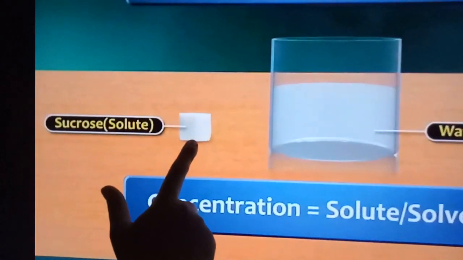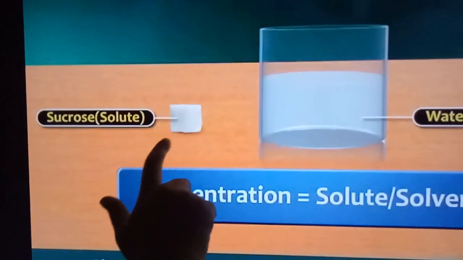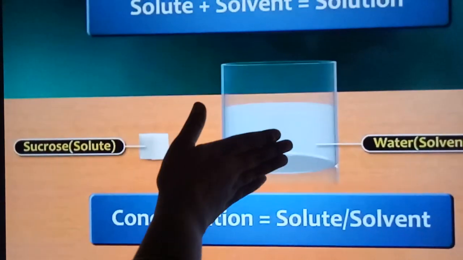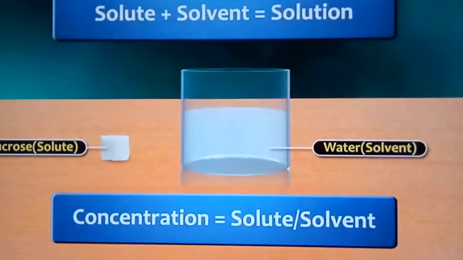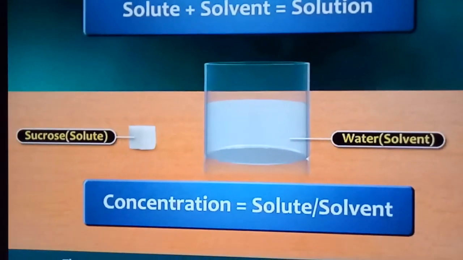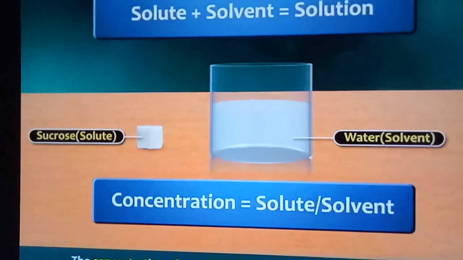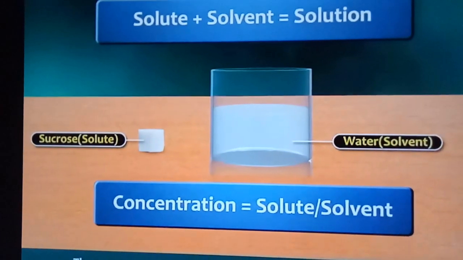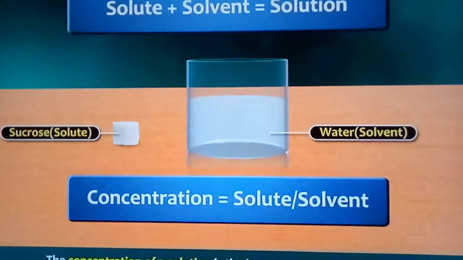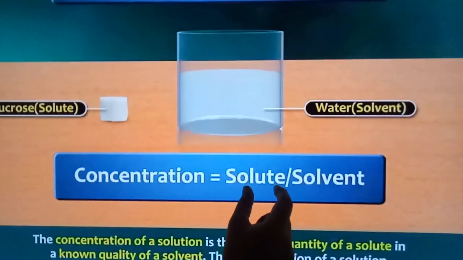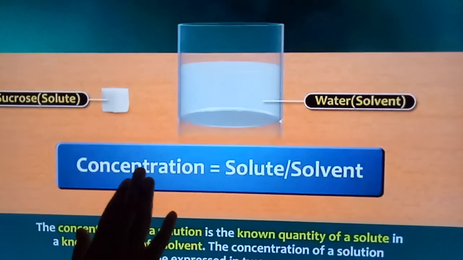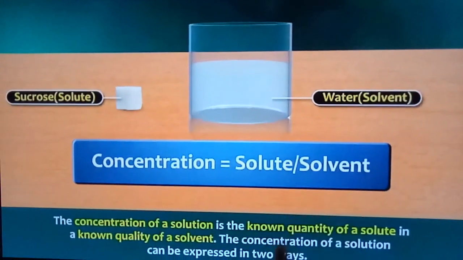Sucrose is nothing but the sugar particle, which is a solute, and this sugar has been added to the water. Water is a solvent. So what is the definition of concentration? Whatever amount of sugar has been added, how do we calculate the concentration? Concentration is solute by solvent. The formula of concentration is solute by solvent.